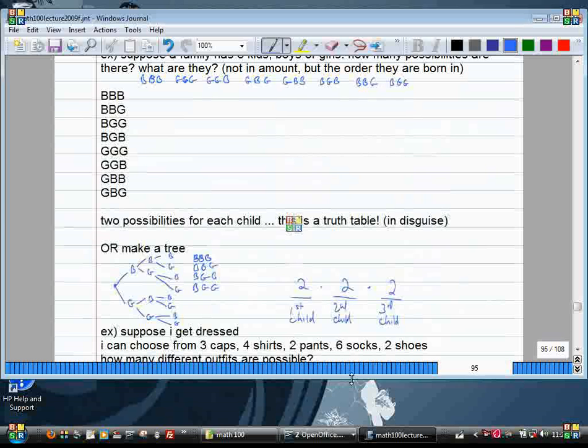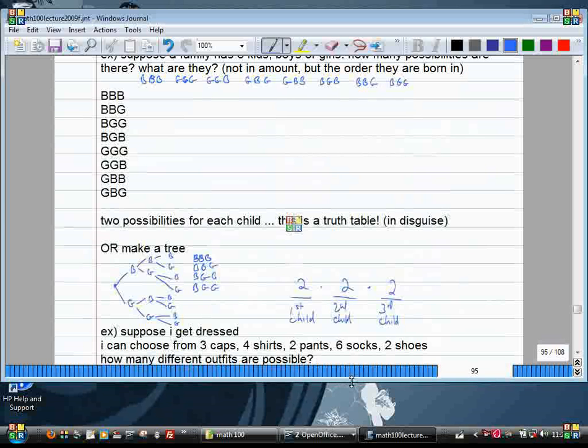Okay. So just as a reminder, you guys tell me. Suppose I get dressed, I can choose from 3 caps, 4 shirts, 2 pants, 6 socks, 2 shoes. How many different outfits are possible? How do you figure it out?